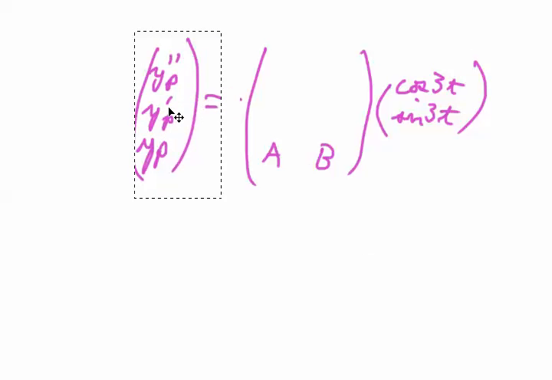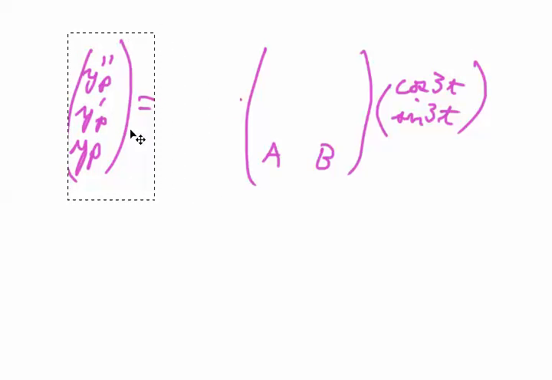Let me go ahead and separate those a little bit. You'll see why in a moment. Now when I take the derivative of a cosine 3t, I get negative 3a sine 3t, and the derivative of b sine 3t is 3b cosine 3t.